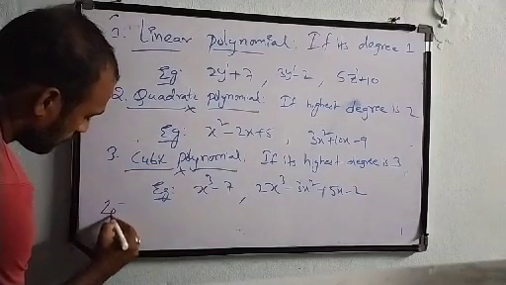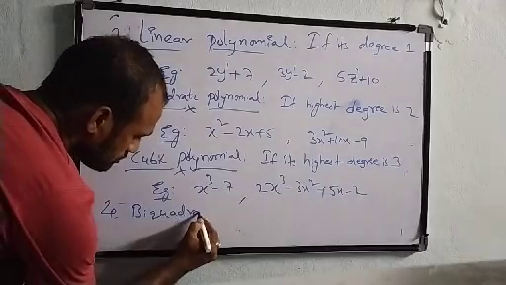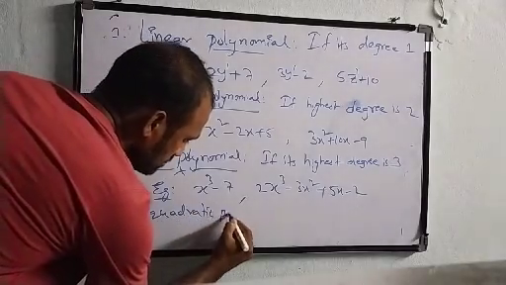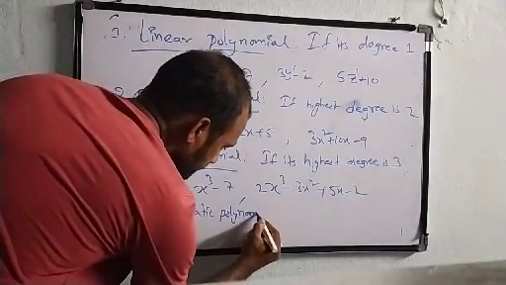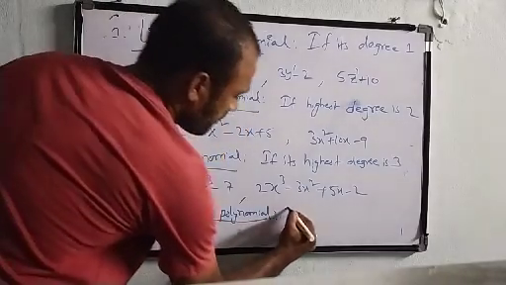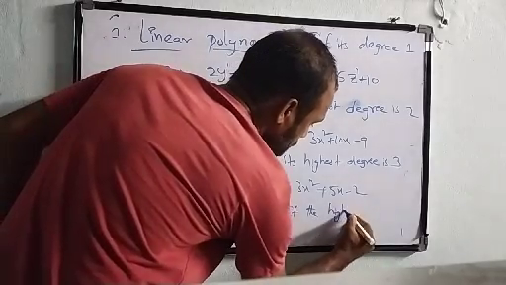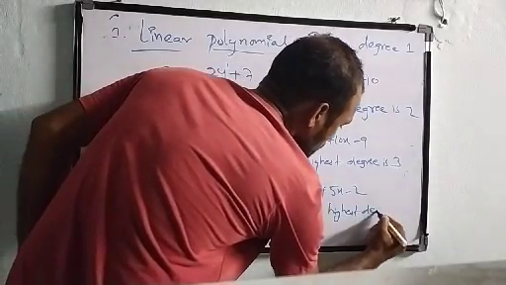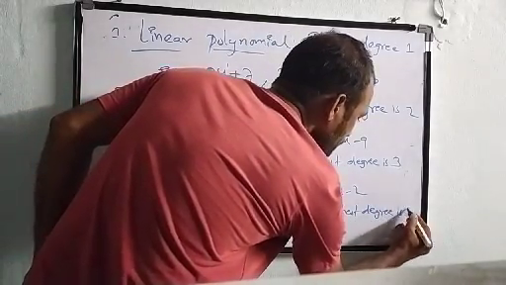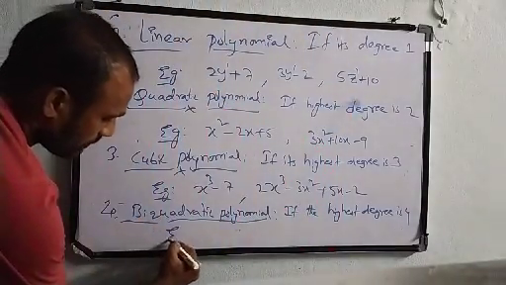The last one is biquadratic polynomial. So in a polynomial, if the highest degree is 4, we are going to call that polynomial a biquadratic polynomial.